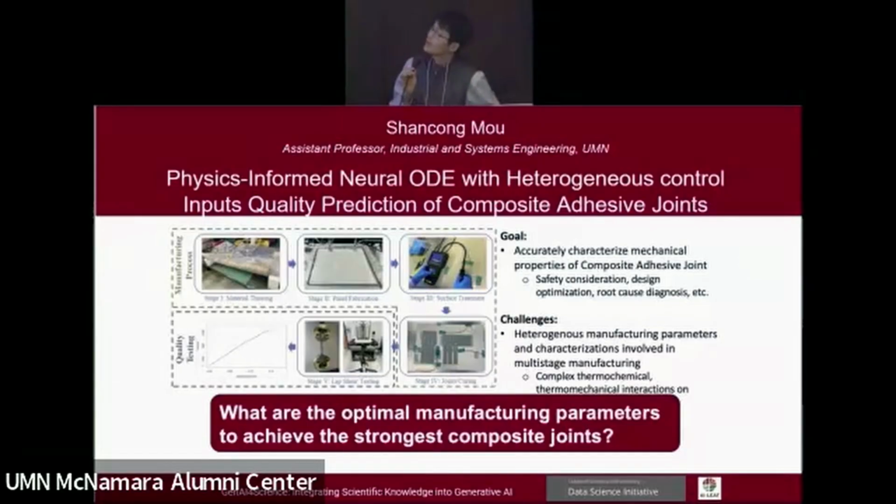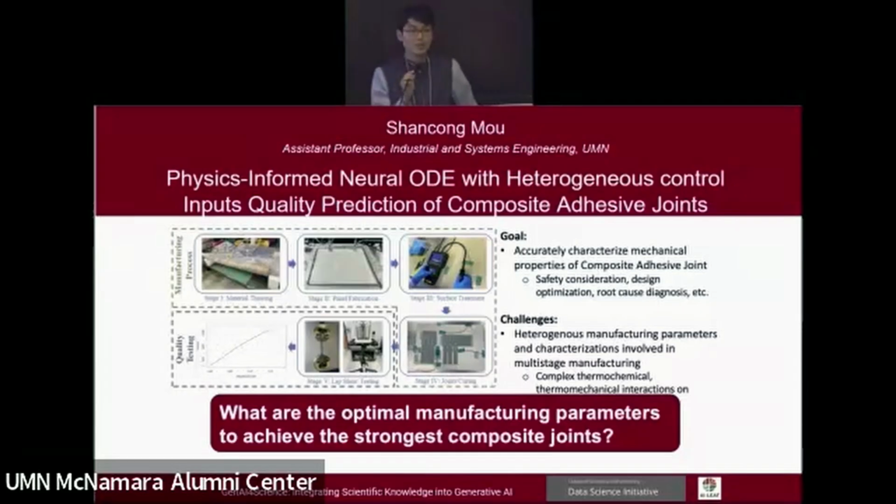They have a very complex multi-stage manufacturing process to produce these adhesive joints. You can see the stage of material preparation, then a set of composite material manufacturing, and then you glue them together under a specific set of pressure and temperature, and finally you get a panel that was glued together.